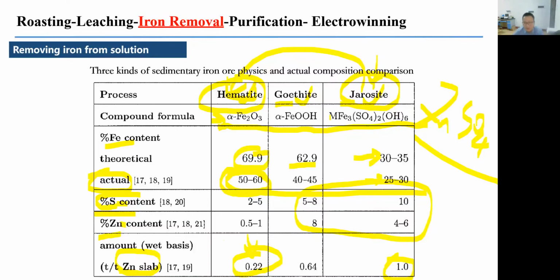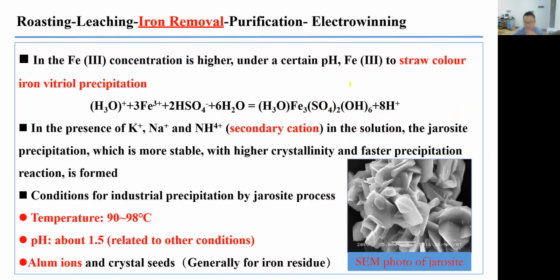So mainly those zinc solution ion removal precipitates are toxic solid waste or hazardous solid waste.